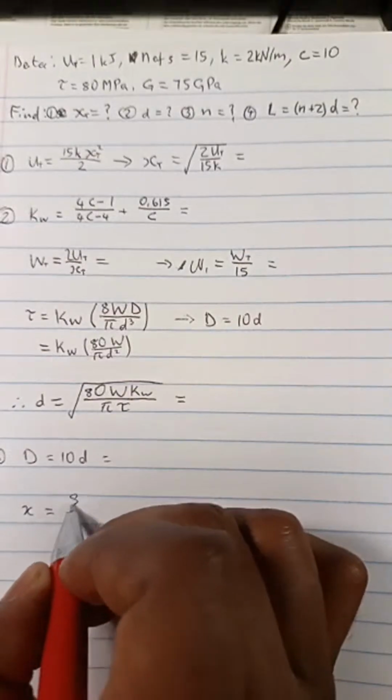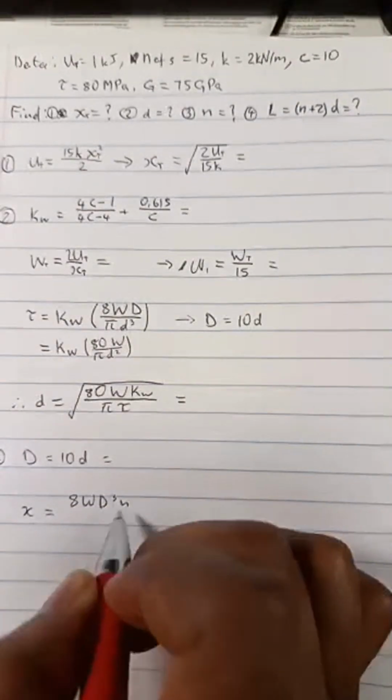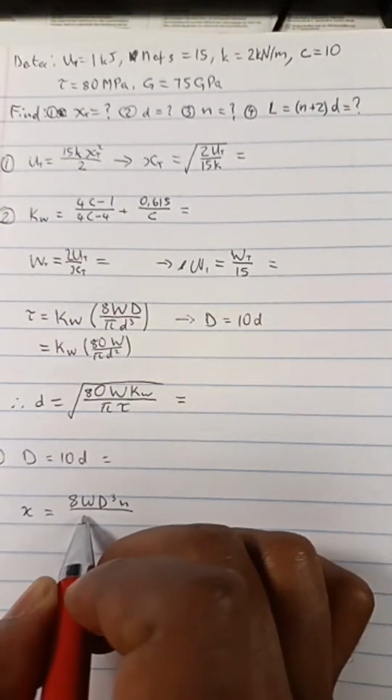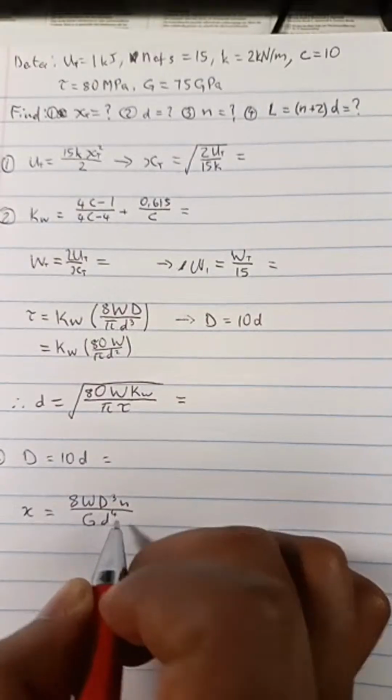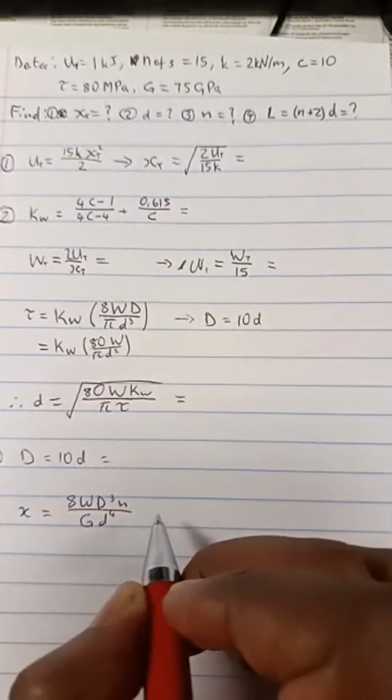Okay, so we have X equals 8WD cubed N over G small d to the power 4. Now we can make N the subject of the formula.